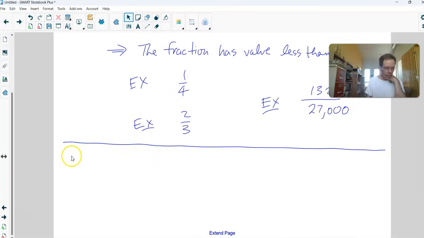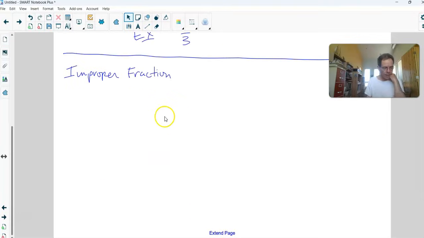Okay. Then we get something called an improper fraction. I know this is all pretty easy, right? It gets harder, don't worry, but we're starting with the basics here. This is when the numerator is not less than the denominator.